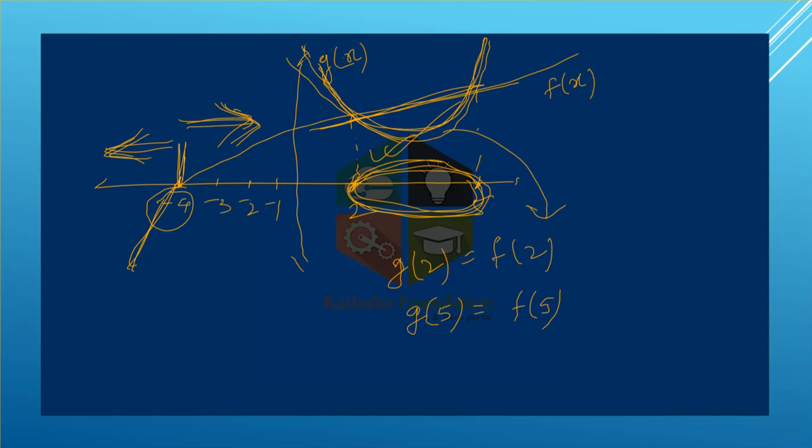And for all values of x beyond 2 this side and beyond 5 that side, g(x) is greater than f(x). So this is how we draw conclusions from graphs.